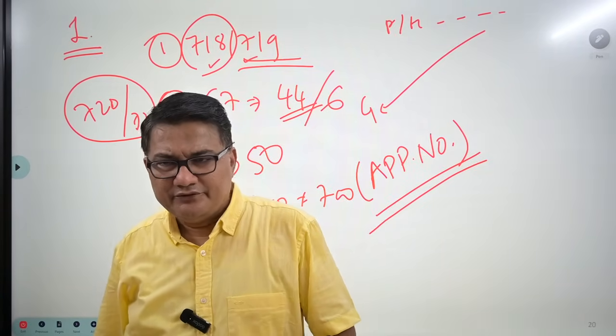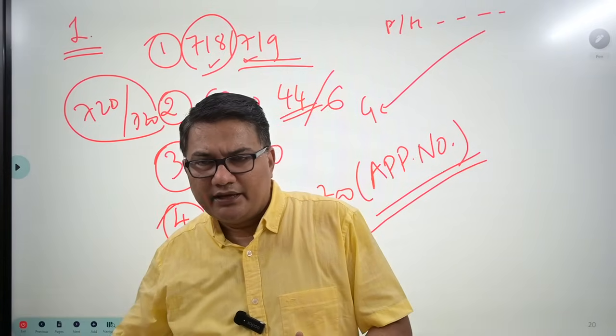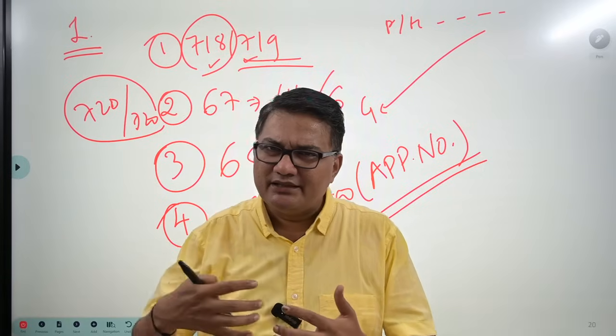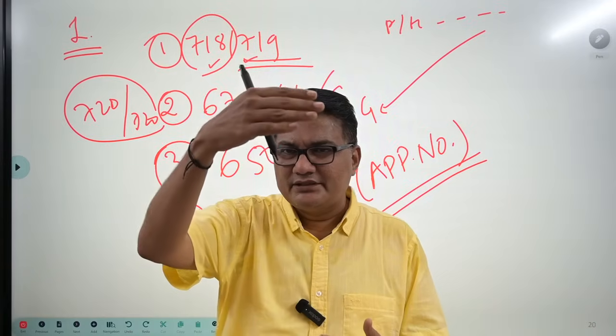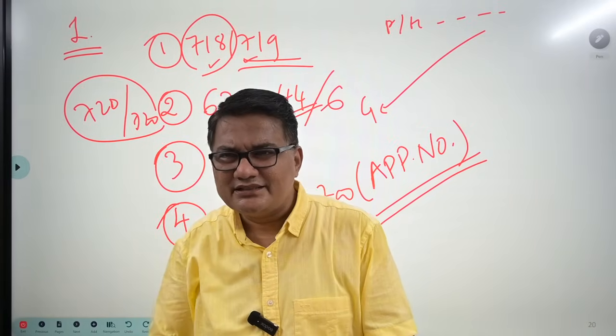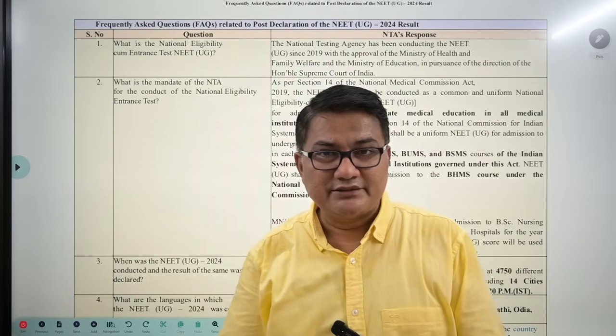I agree that if you are from, suppose, any interior part of Maharashtra, you may select Mumbai as a center. But why are you selecting some center which is in another state? What's the reason behind it? So don't you think all these questions need to be answered?